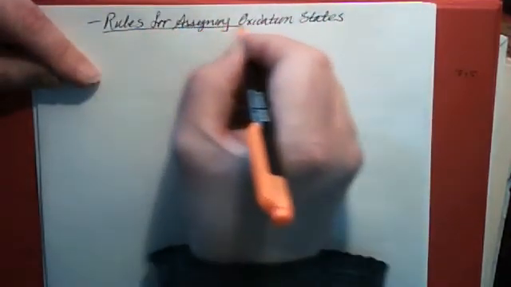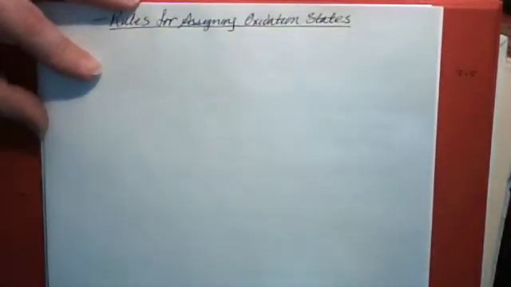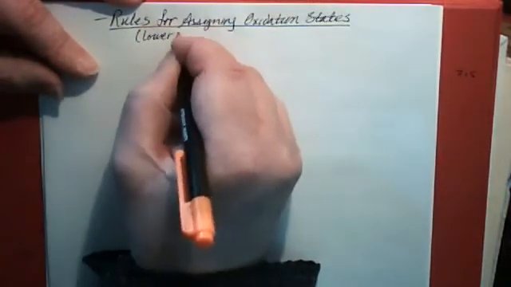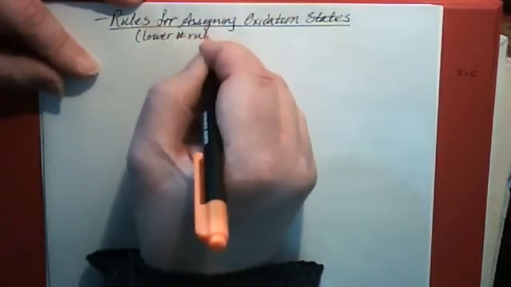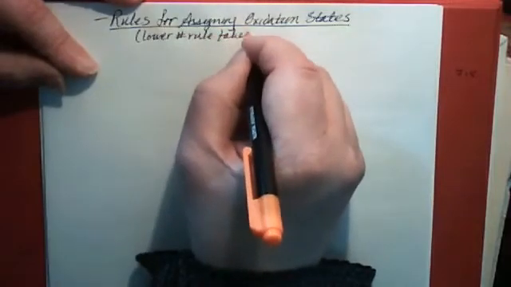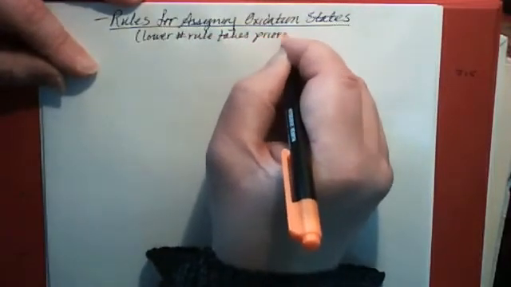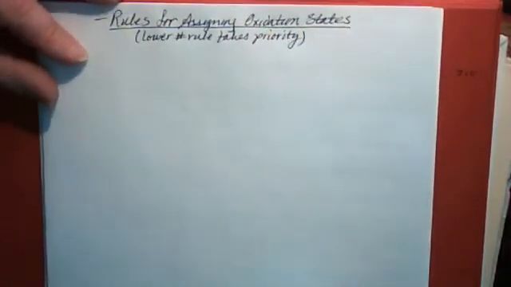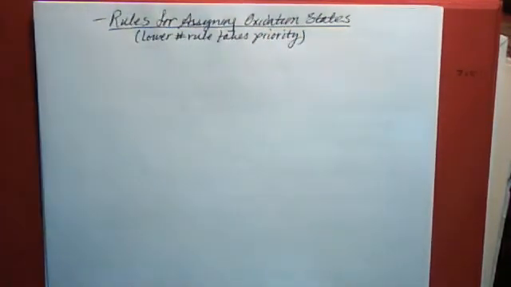So the rules for assigning oxidation states. And there might be some cases where two of these rules conflict with each other. And if that's the case, go with the first rule, or the one that has the lowest number.